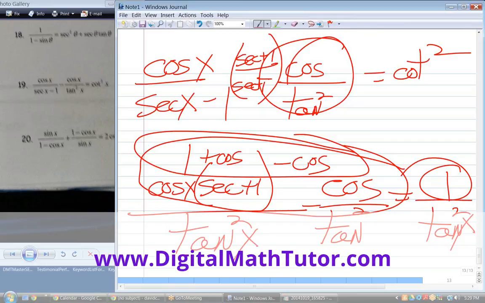You have to know your 11 basic trig identities really well, and you have to use this system of multiplying by the conjugate when it applies, and adding or subtracting fractions when it's appropriate. Those are the three things you need to do to be good at verifying trig identities. Number one is knowing your identities. But that's not it. It's more than that, as we've seen. You've got to be able to know when to multiply by the conjugate and when not, and stuff like that.